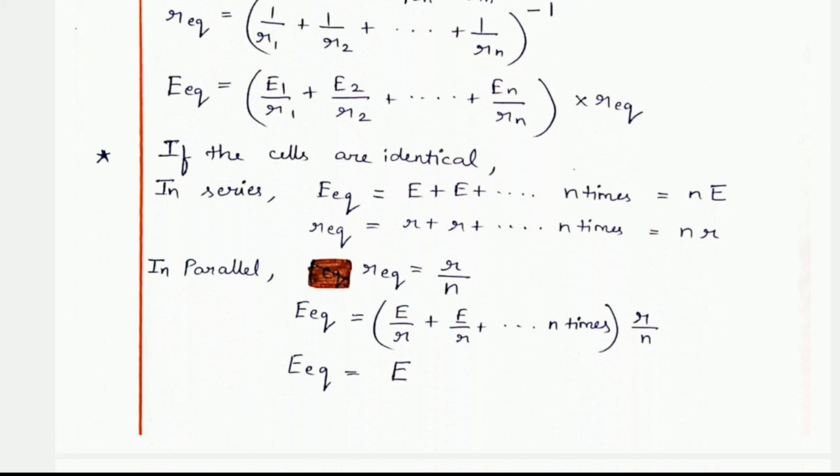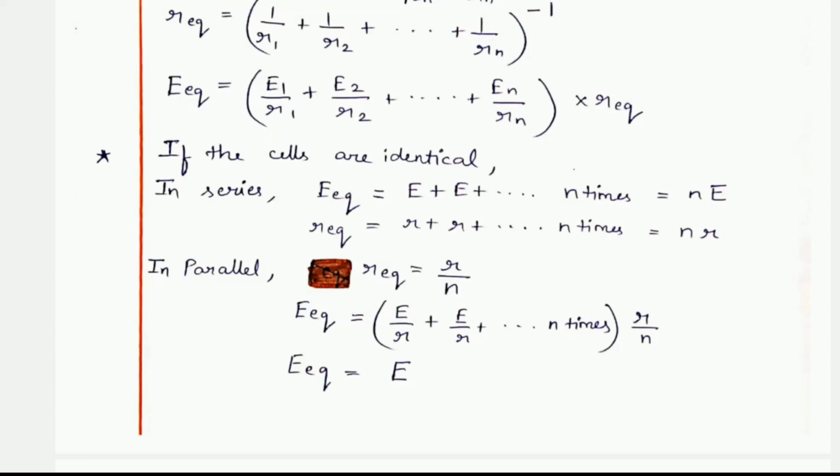Very easy. If you have n identical cells in parallel, then the net internal resistance will be R by n. You know about this because suppose you have 3 resistors of 5 ohm connected in parallel, then the net resistance will be 5 by 3. So here the net internal resistance has become R by n because there are n resistors in parallel.